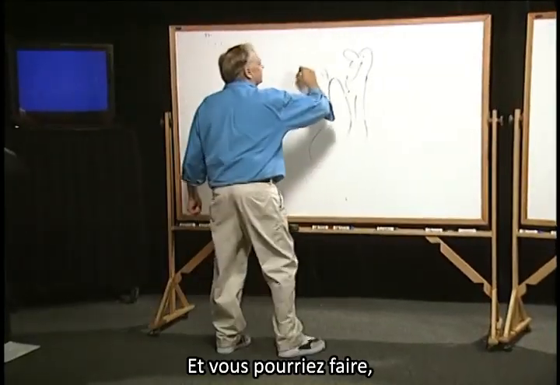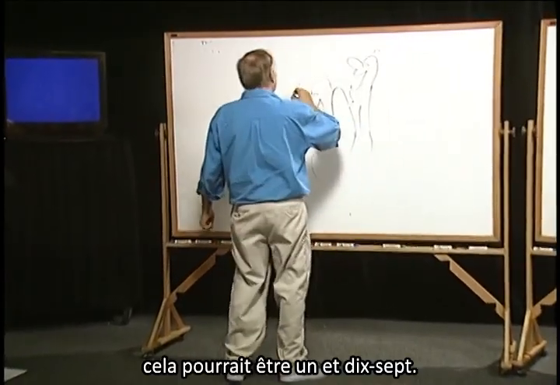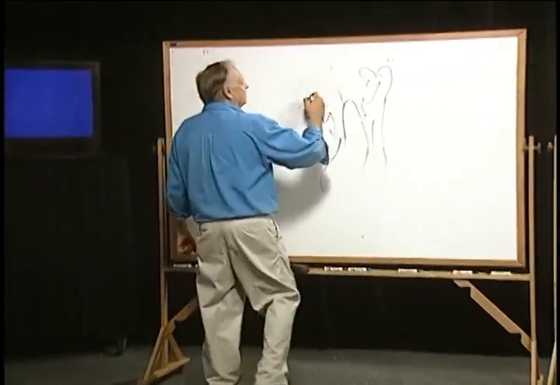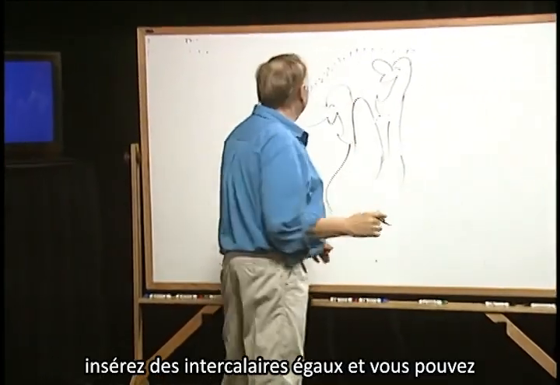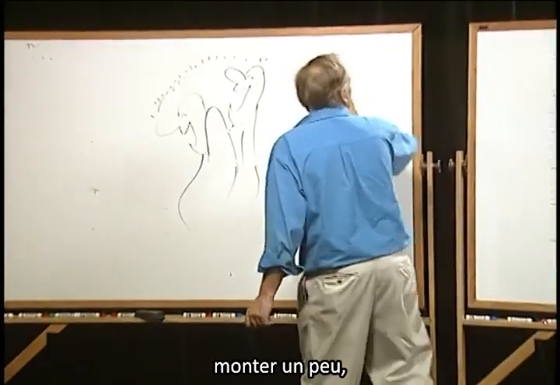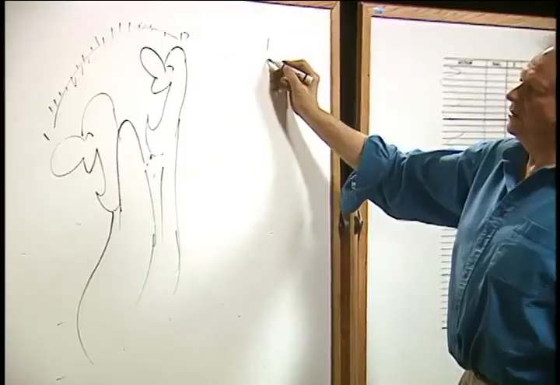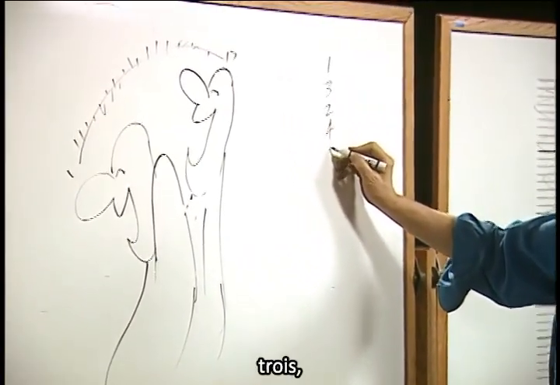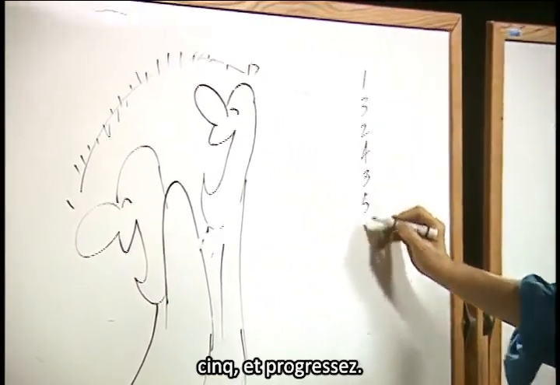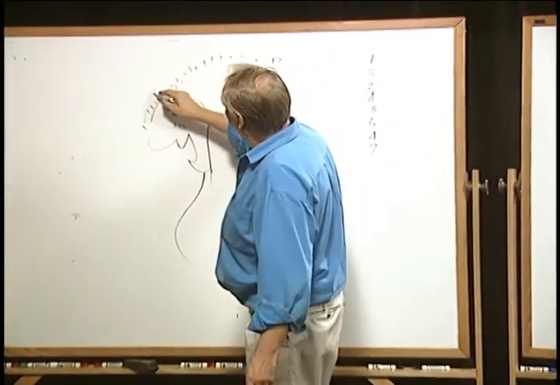And that could be 1 and 17. Now, you just put in even in-betweens, and you can run up sort of 1, 3, 2, 4, 3, 5, and work your way up.